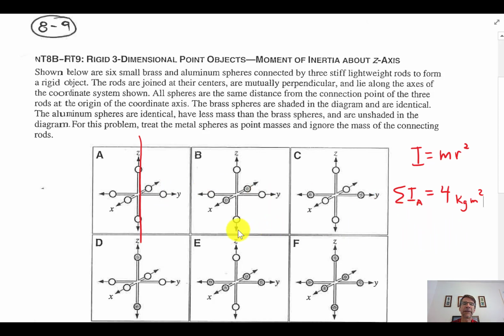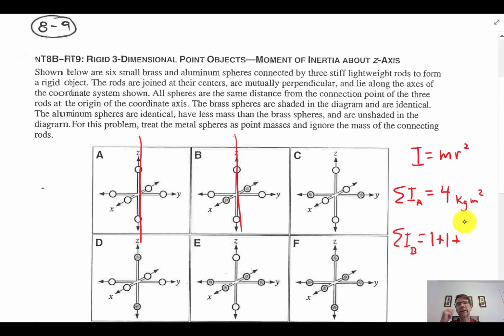In part B, same axis, but in part B, the sum of the inertias. Now, in part B, there's 2 aluminums. Each one of them is 1 mr squared, 1 m, 1 r. But then the brass ones, there's 2 of those. They each have a mass of 2. So, actually, I'll write it all out here. For each aluminum one, it's going to be 1. So it's going to be 1 plus 1.